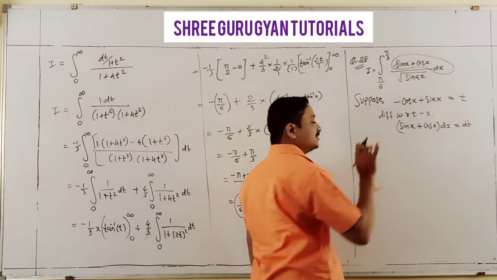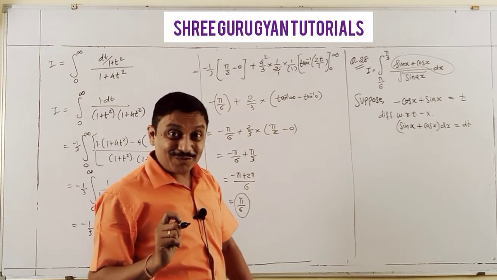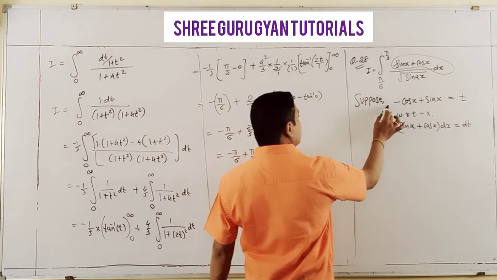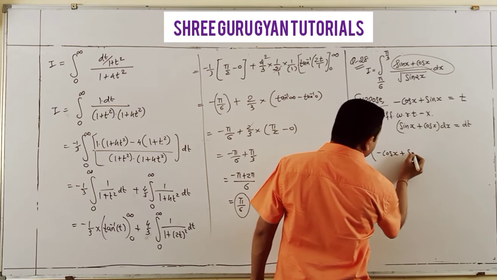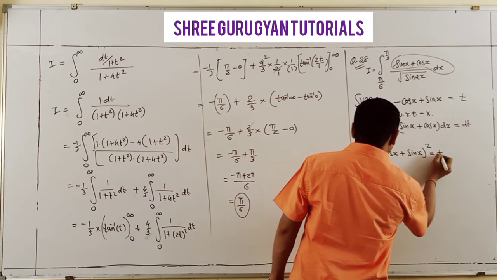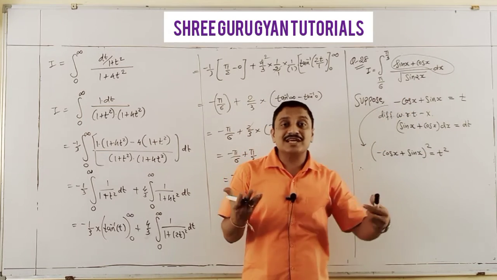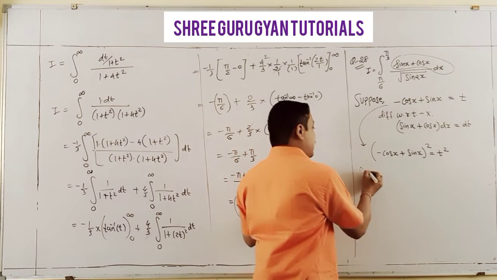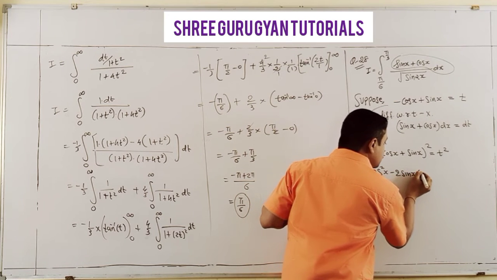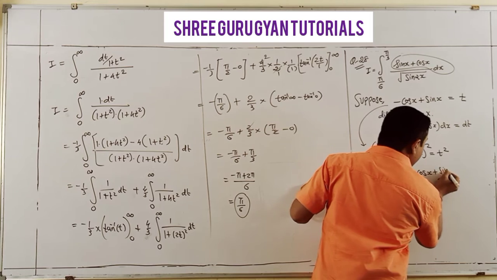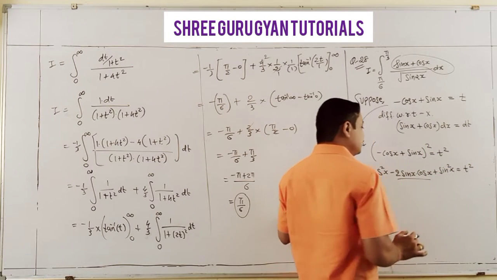Students, your numerator is done, but what is the denominator? Sin 2x. So I make a square on both sides. This is necessary, otherwise you cannot derive the value of sin 2x. I am making the square: cos square x minus 2 sin cos plus sin square x equals t square, and that is how much?